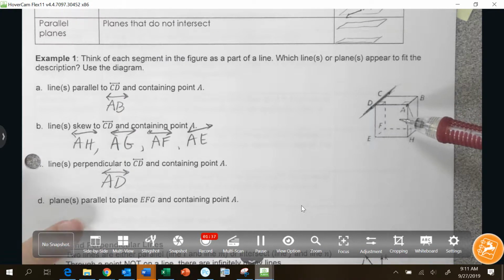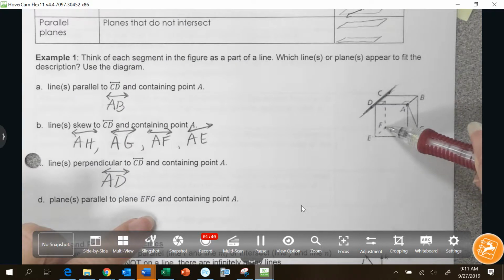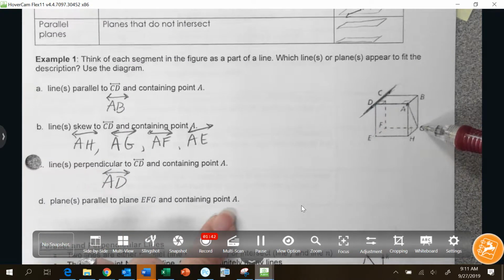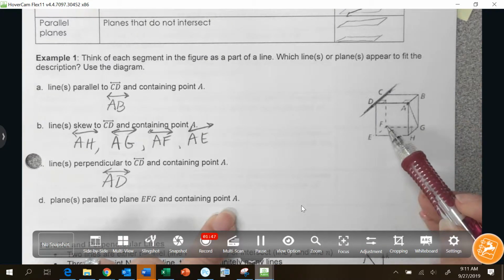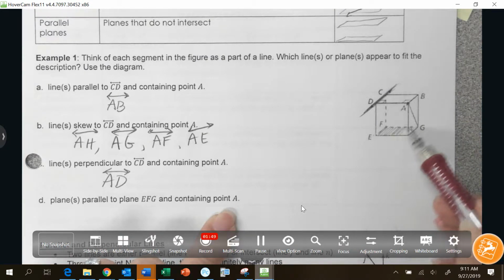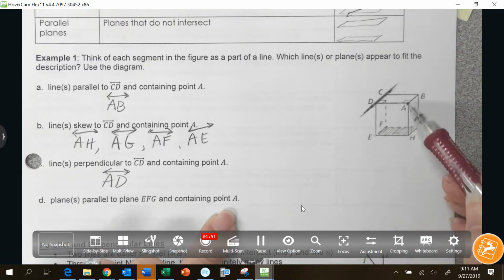Plane parallel to plane EFG containing point A. Dilafruz, do you know the plane that is parallel to this plane, EFG, but it has to contain point A?